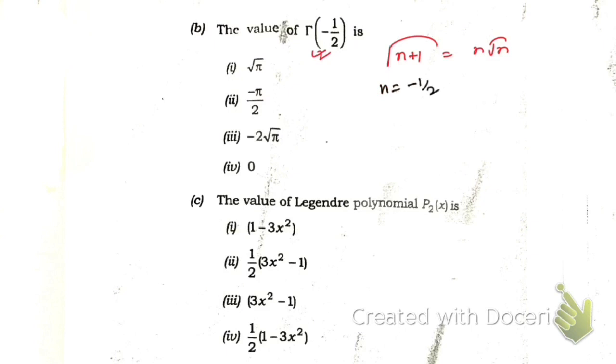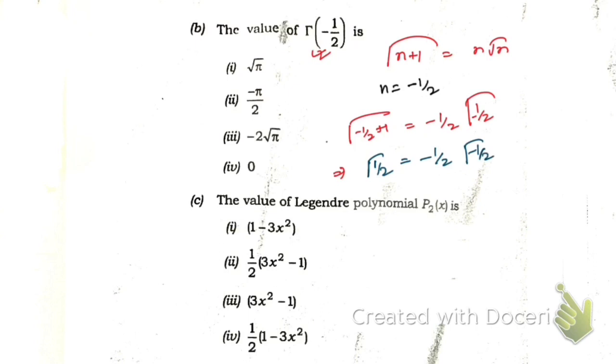Minus half plus 1 gives plus half, so we can write gamma of half equals minus half times gamma of minus half.